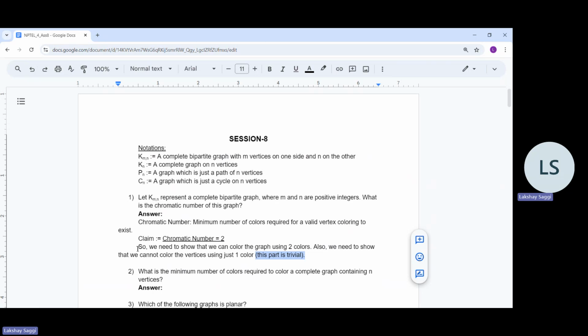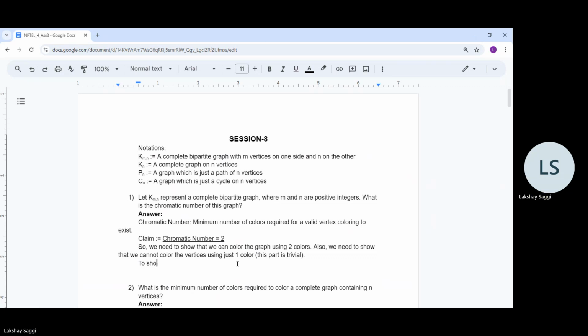So now the only thing remaining for us to show is that we can color the graph using 2 colors. This is what we need to show. And how do we show this? To show that K_{m,n} can be colored using 2 colors, let's just assume the colors to be, let's say, C1 and C2.